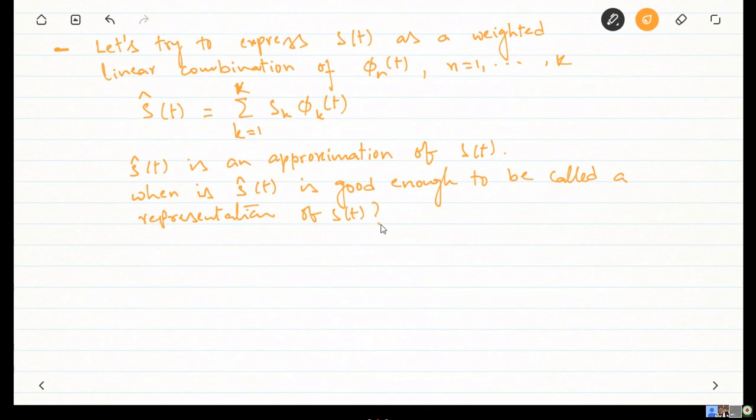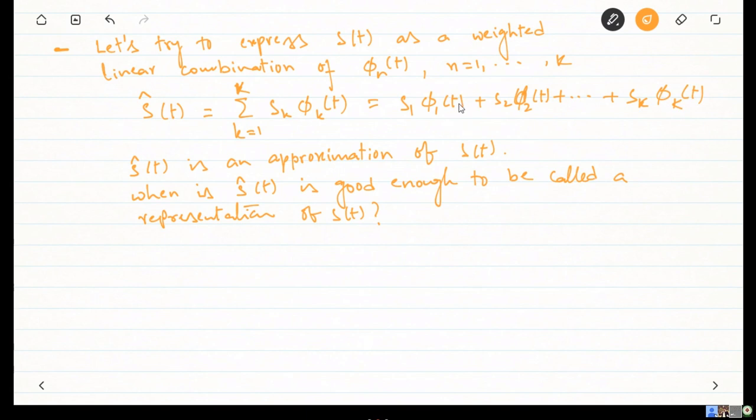So we are trying to represent S of t as a weighted linear combination of a set of orthonormal signals, and that means this is simply equal to S1 into phi 1 of t plus S2 into phi 2 of t, and so on up to S capital K into phi K of t.